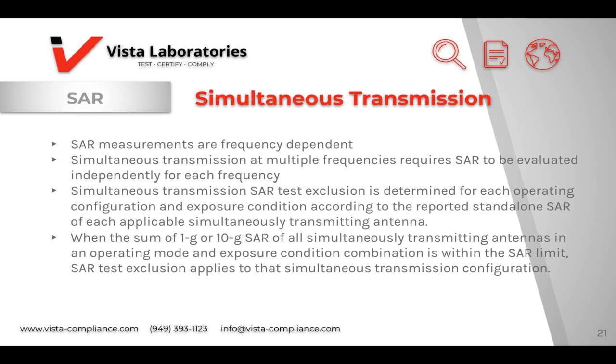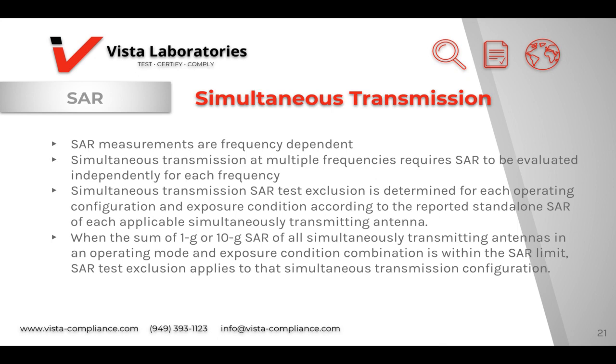Simultaneous transmission at multiple frequencies will require SAR to be evaluated independently for each frequency using the appropriate calibration tissue dielectric parameters in identical device positioning conditions. Simultaneous transmission SAR test exclusion is determined for each operating configuration and exposure condition according to the SAR values reported for each applicable simultaneously transmitting antenna.